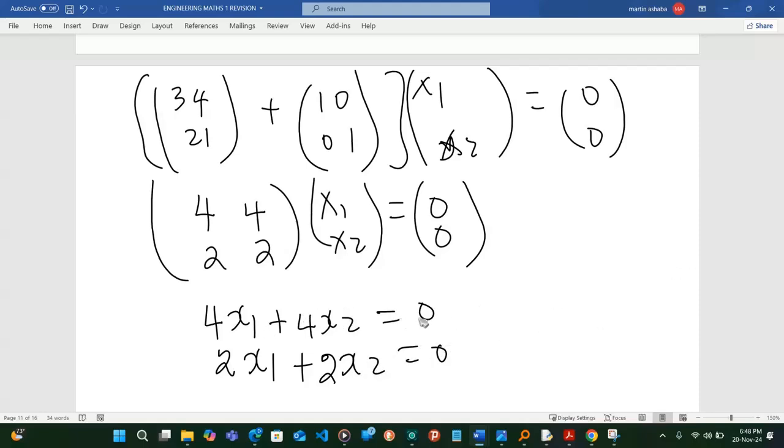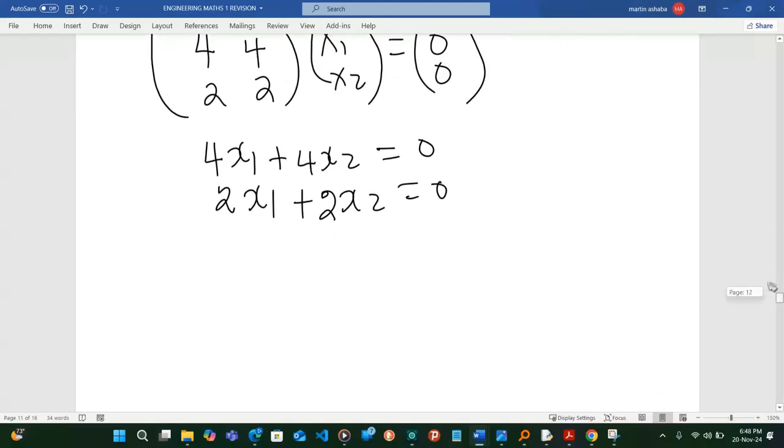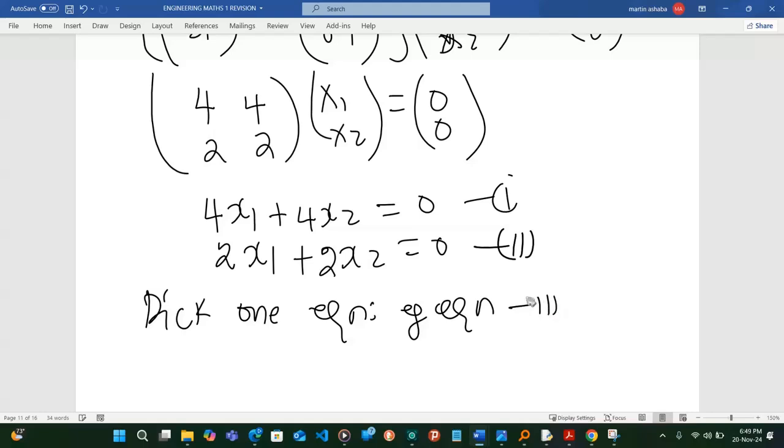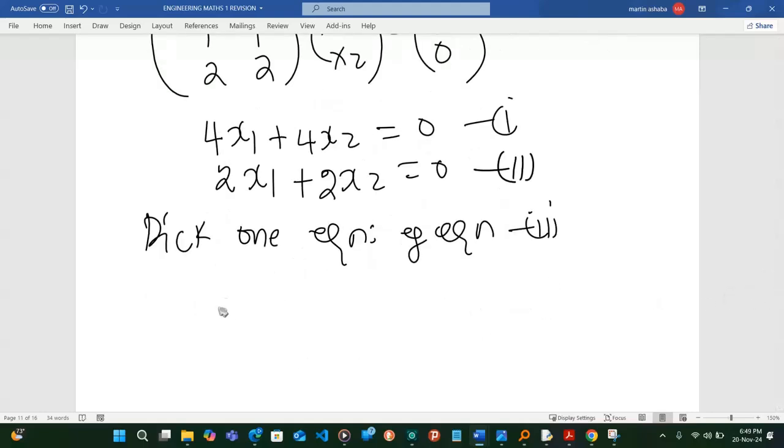So you can see all these equations are almost the same. So what you do, you just pick one equation, maybe equation 2. So we have 2x1 plus 2x2 is equal to 0.